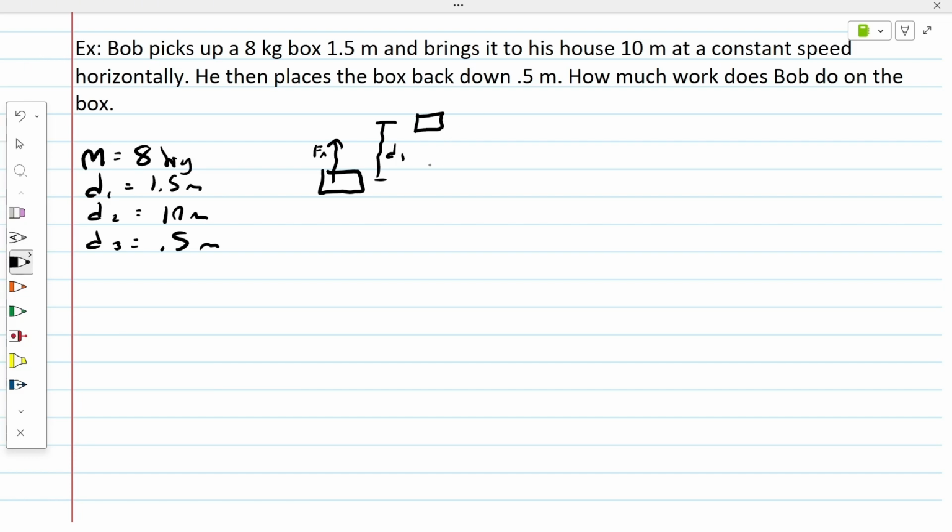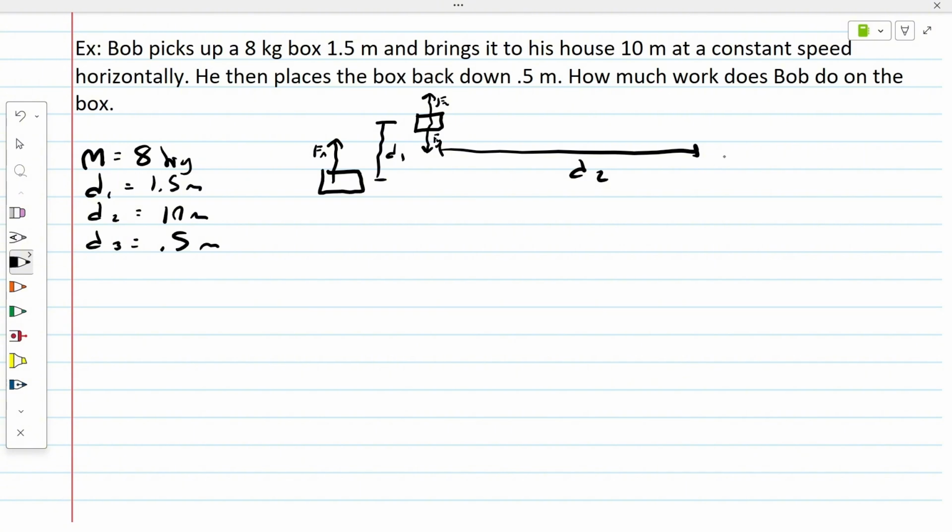And so now Bob is walking with this box this direction, a distance of d2. But the force that he's applying is still going to be just holding the box upwards, that normal force. There's no force actually pushing this box this way. So the force is only up and down as the box is moving at a constant speed, with the force of gravity and the applied or normal force that's holding this box up.